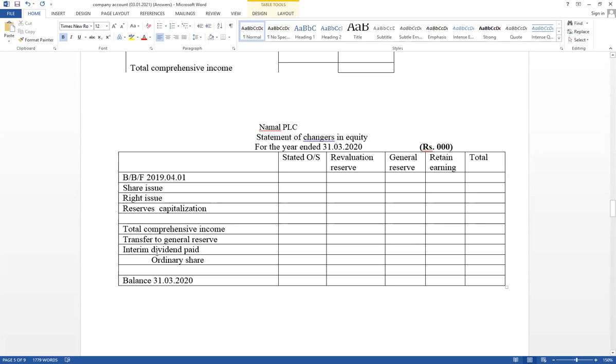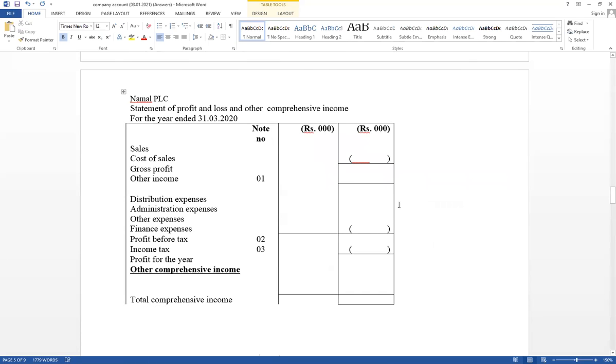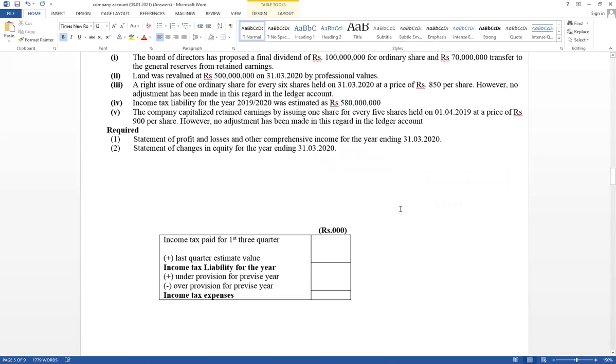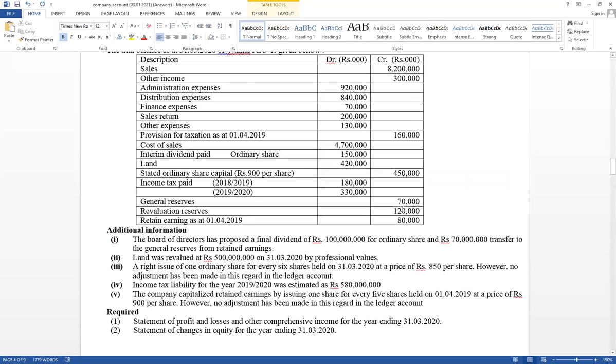From the beginning, take the balances: ordinary shares, revaluation reserves, retained earning, general reserves. Those are available in the trial balance and should be included here as a balance brought forward. Take the balances from the trial balance. Ordinary shares 450,000. General reserves available 70,000.